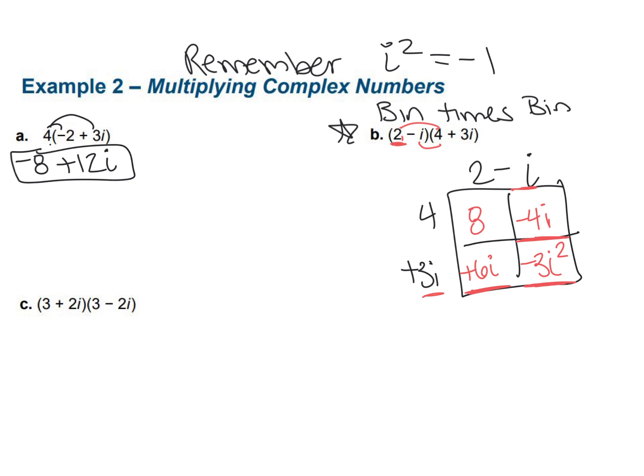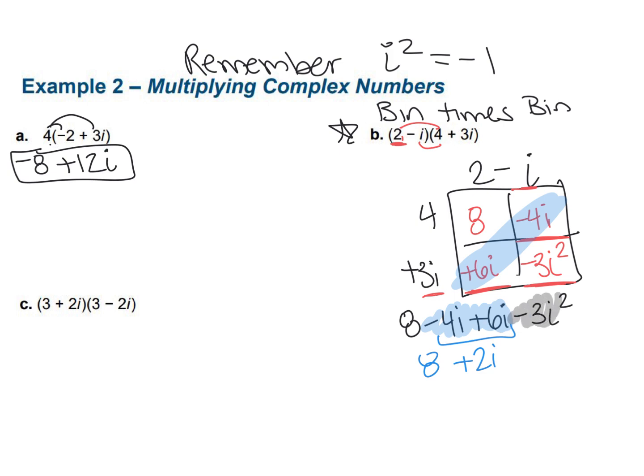Okay, but watch what happens here. So I have 8 minus 4i plus 6i minus 3i squared. First, I can combine my i's together, right? So the -4i plus 6i would give me +2i. But also, now this is a little tricky, I can simplify this because i squared is equal to -1. Okay, freaky.